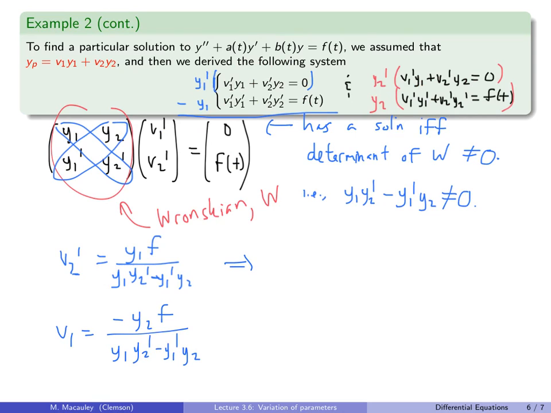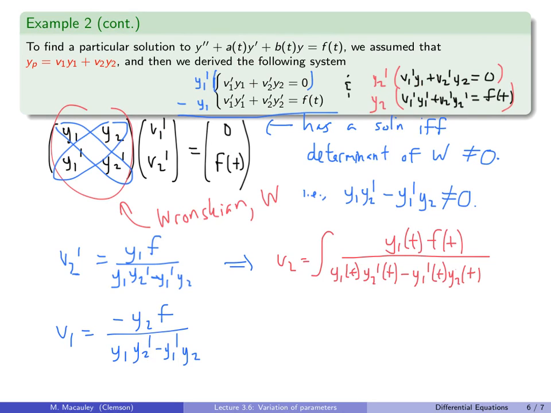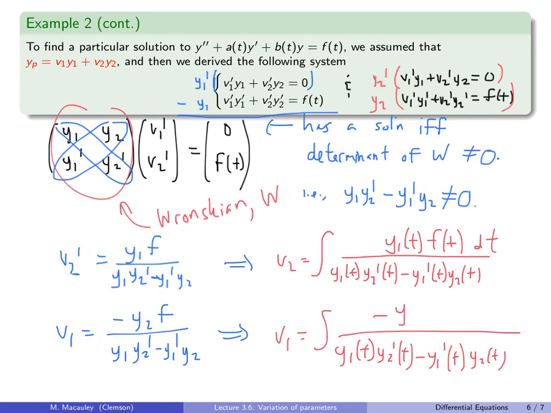So what this means is that v2 is the integral of y1 of t times f of t, over y1 of t, y2 prime of t minus y1 prime of t, y2 of t, dt. And v1 is the integral of negative y2 of t times f of t on the top, and on the bottom y1 of t, y2 prime of t minus y1 prime of t, y2 of t, dt.